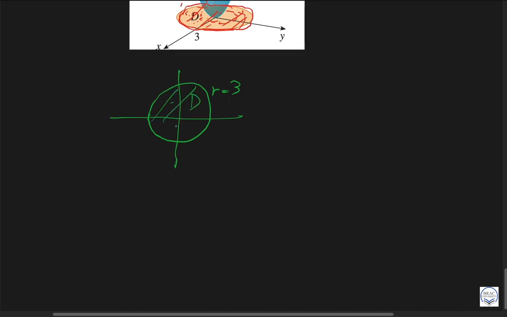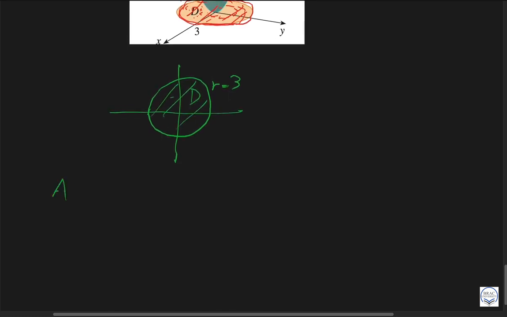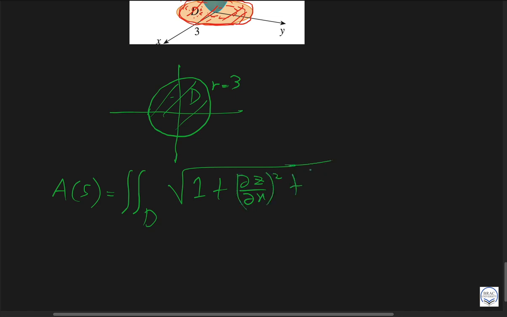Now all I have to do is calculate the area of my surface. So the area of my surface equals the double integral over the domain D of the square root of 1 plus (partial z by partial x) whole squared plus (partial z by partial y) whole squared dA.